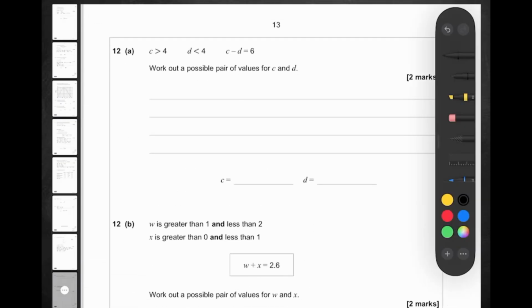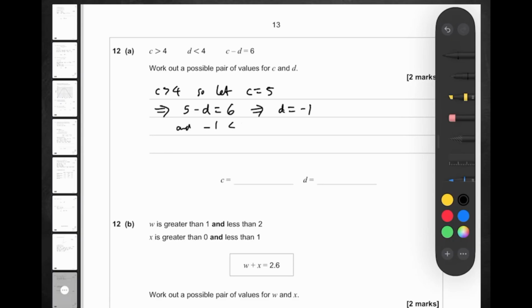Question 12. C is greater than 4, D is less than 4, C minus D equals 6. Work out a possible pair of values for C and D. So let's just do the easiest possible one here. So C is greater than 4, so let C equal 5. Therefore, 5 minus D equals 6. Therefore, D equals minus 1.